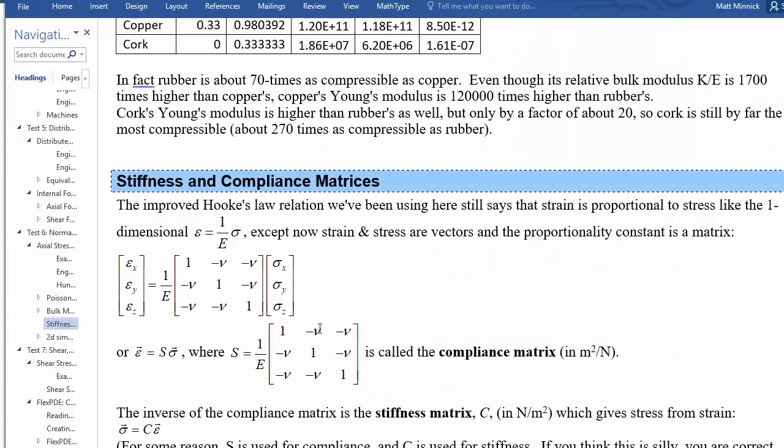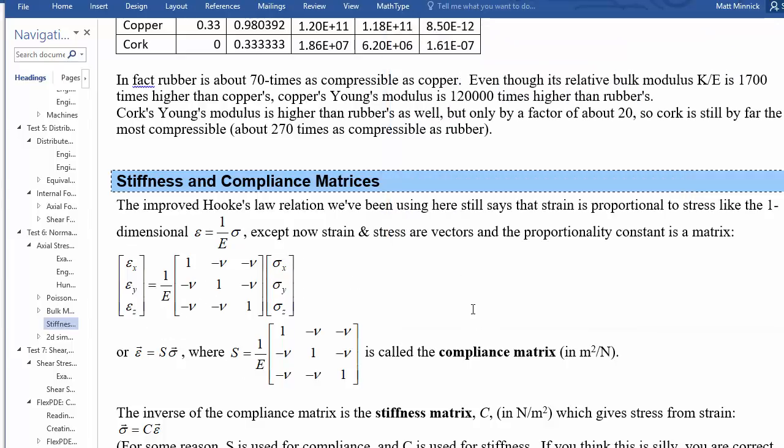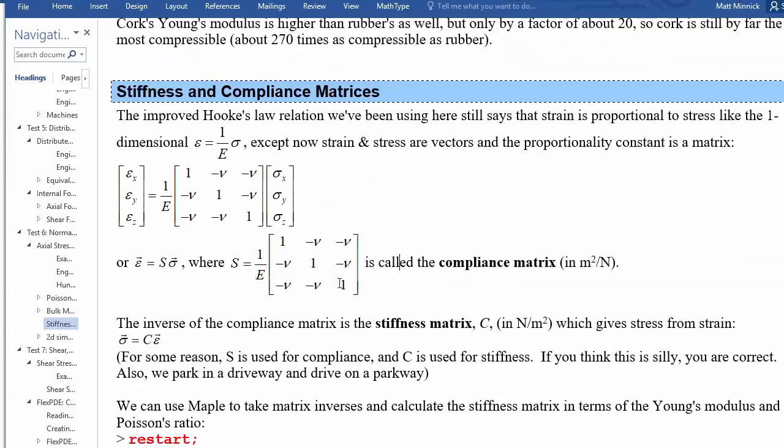So back up here, looking at the equation, we're going to write out an equation that is using this matrix here to relate the stress to the strain. Now, by the way, this thing, which is relating the stress to the strain, is called the compliance matrix.